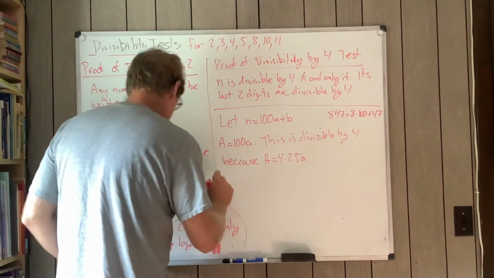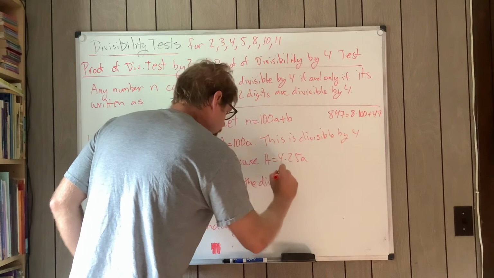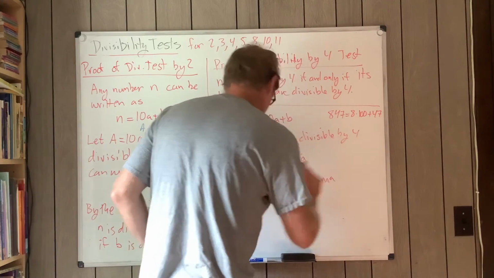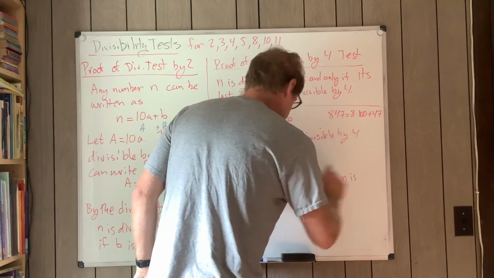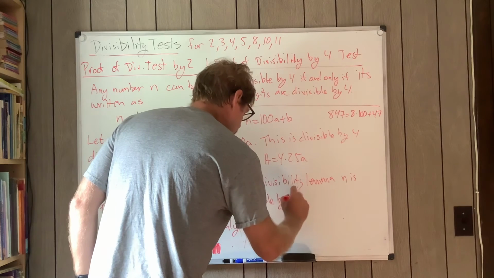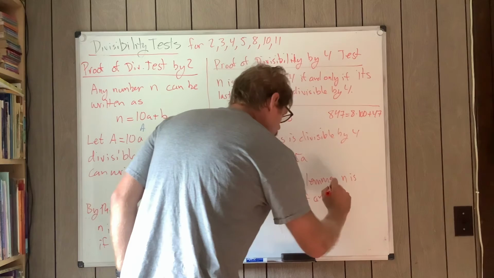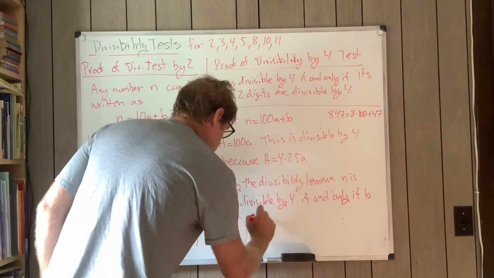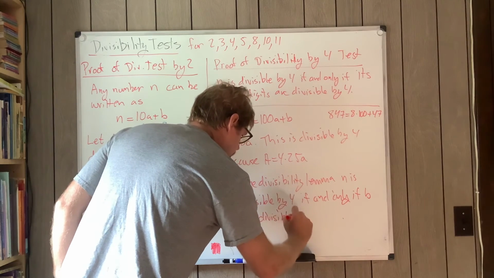So then again, by the divisibility lemma, n is divisible by 4 if and only if b is divisible by 4.